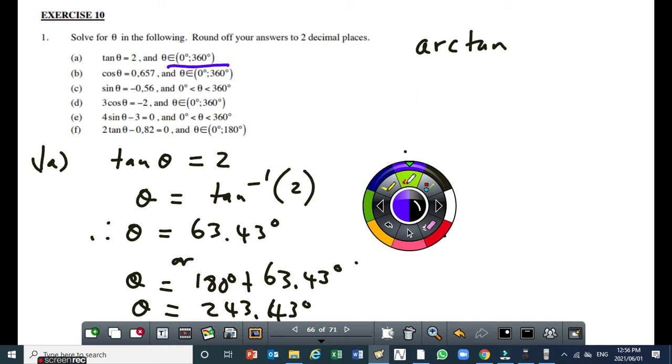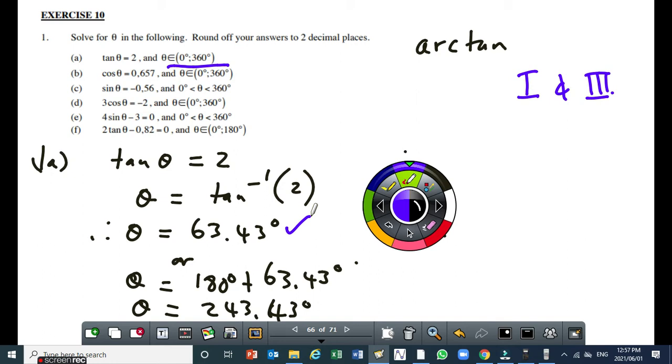So, where did the 180 come from? All right. This 180 came from the fact that, remember your quadrants. Tan is positive in the first quadrant and the third quadrant. So if I have a reference angle which is acute, we call this angle here a reference angle. The angle that you get by using a calculator is called a reference angle.